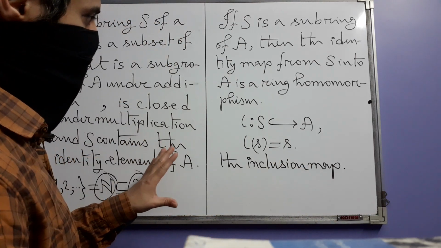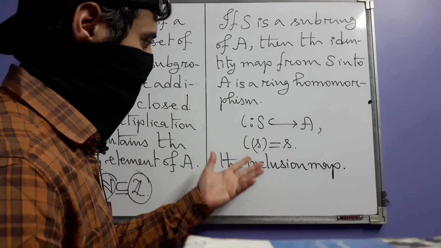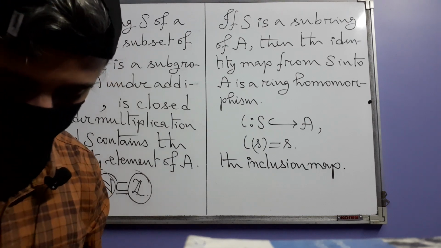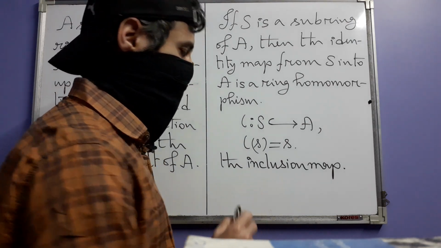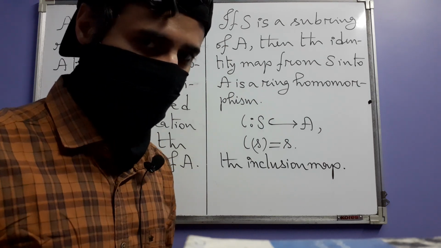So what the authors are saying is that this inclusion map or identity map, whatever you want to call it, is a ring homomorphism. Let's see how. Actually, this is very easy, but again, no matter how easy something is, we are going to see everything in absolute detail.